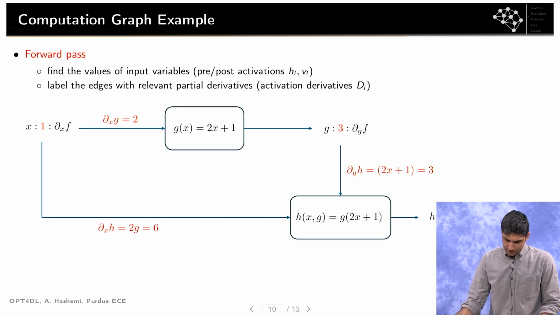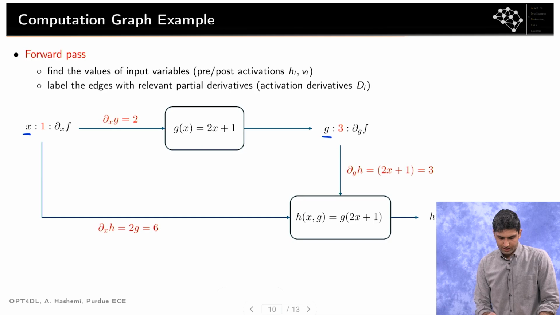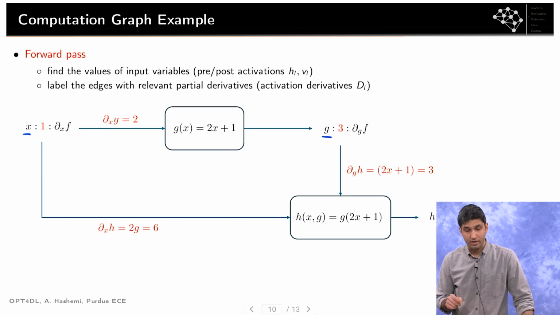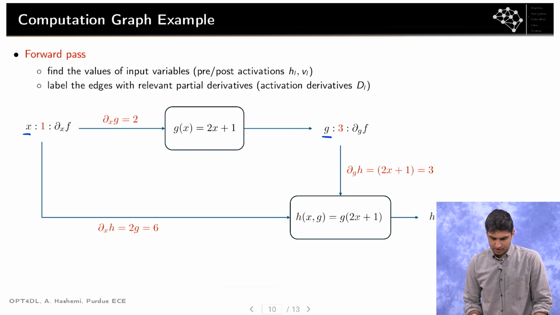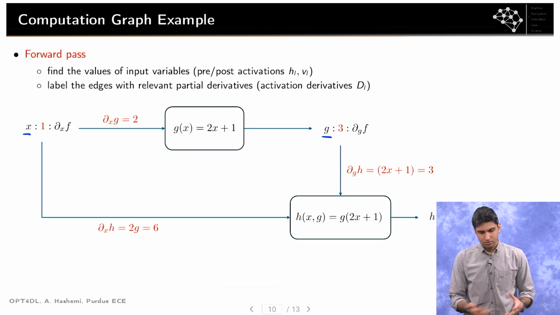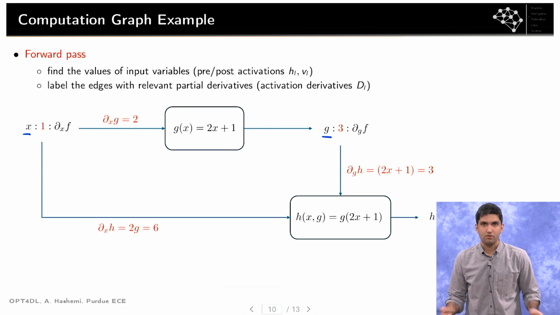And here is the dependency. g was basically 2x plus 1, so there should be a directed edge going from x to g. h depends on both g and x, so there should be one edge going from g to h and another directed edge going from x to h. Okay, so this is our graph. We define the graph before doing any calculation.